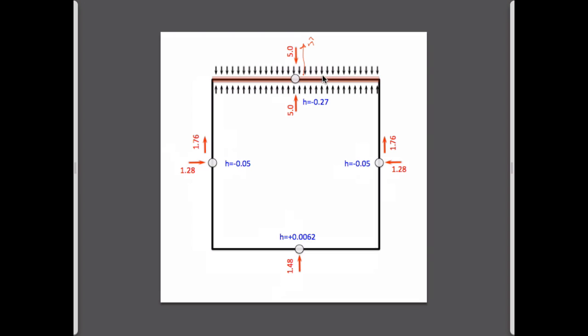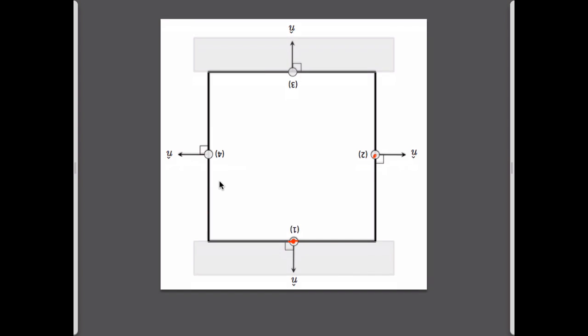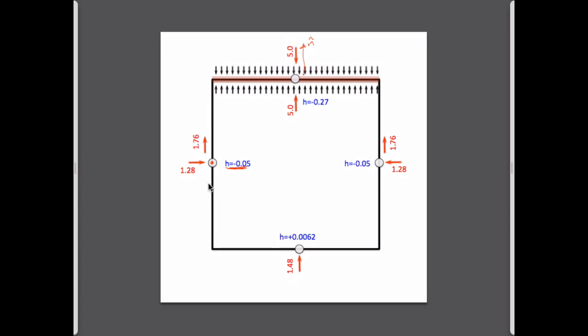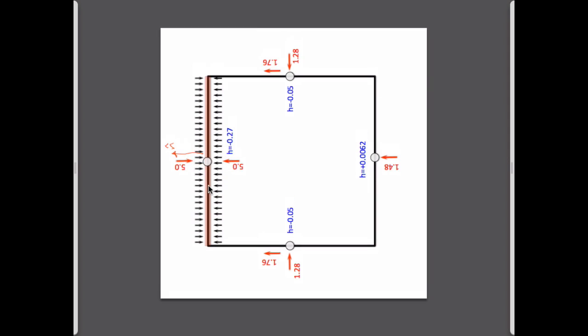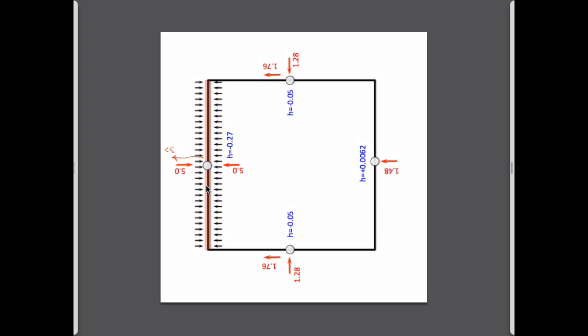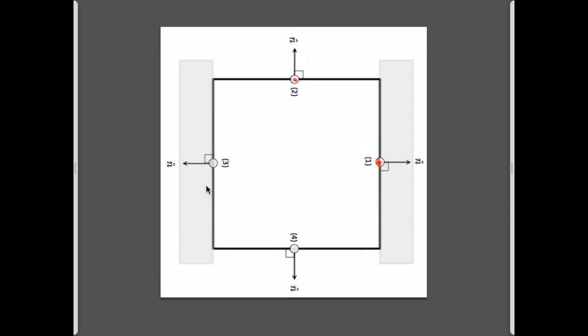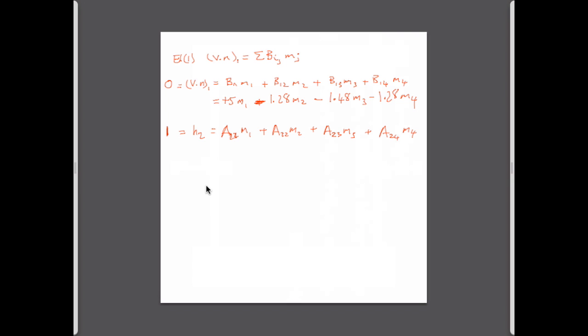This is a unit source of magnitude m1. Its influence at this point is going to be this value of head, so it's minus 0.05. And so you get the idea that this is going to be equal to minus 0.05 times M1.